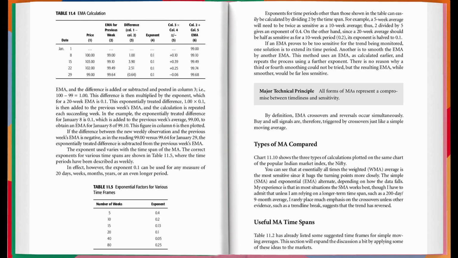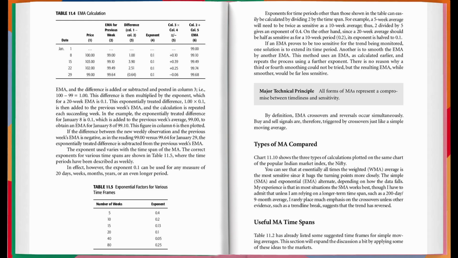My experience is that in most situations the SMA works best, though I have to admit that, unless I am relying on a longer-term time span, such as a 200-day/9-month average, I rarely place much emphasis on the crossovers unless other evidence, such as a trendline break, suggests that the trend has reversed.